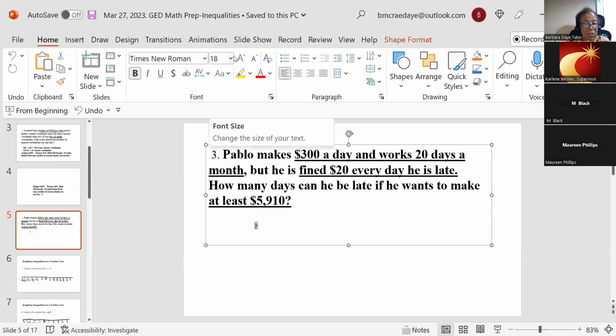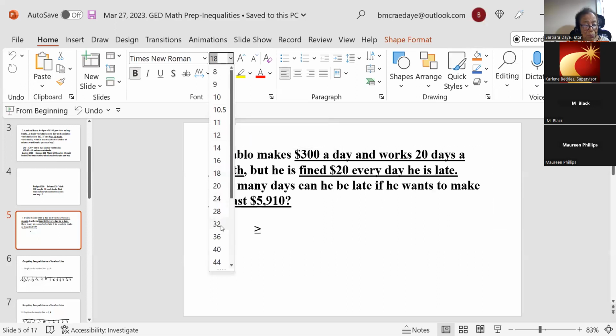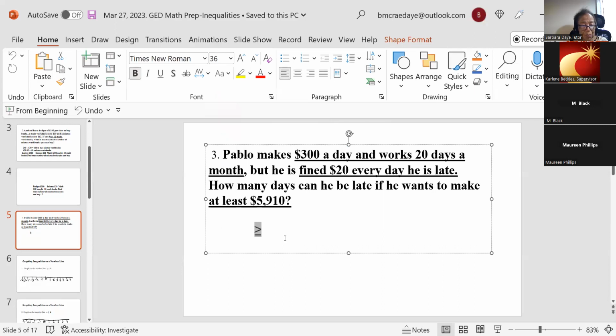Maureen, you got off to a good start. He made $300 a day, right? And worked for 20 days a month. So at least is greater than or equal. And over here it says he wants to make that $5,910.